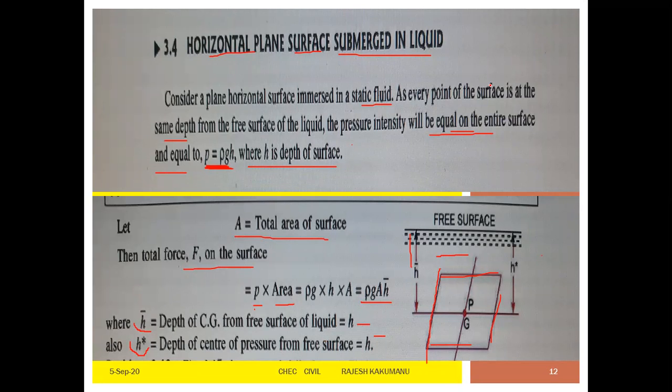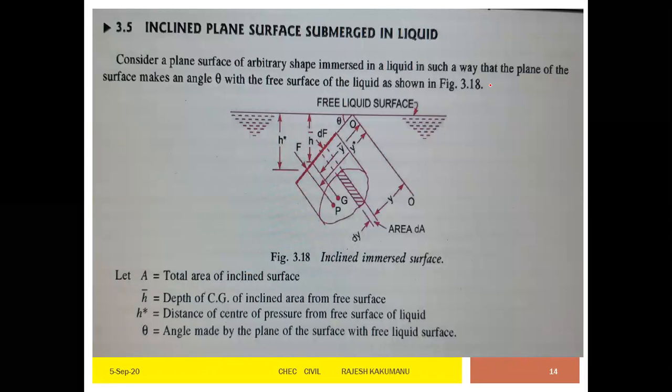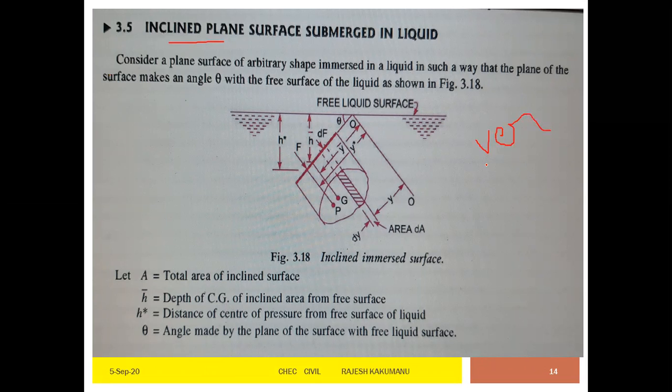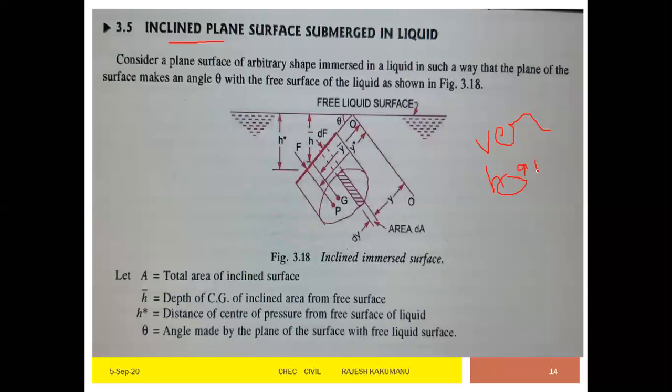So the third category is inclined plane surface submerged in the liquid. In the initial two cases, we practiced some problems vertically and horizontally.